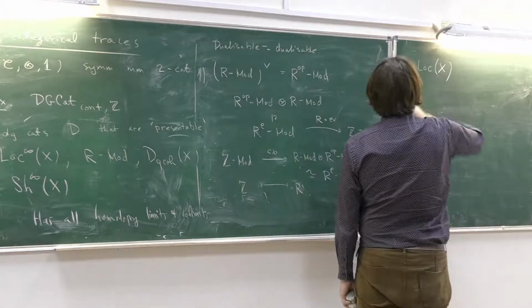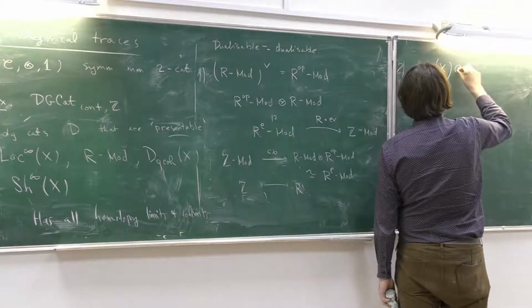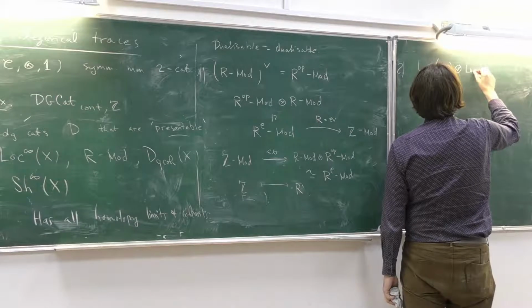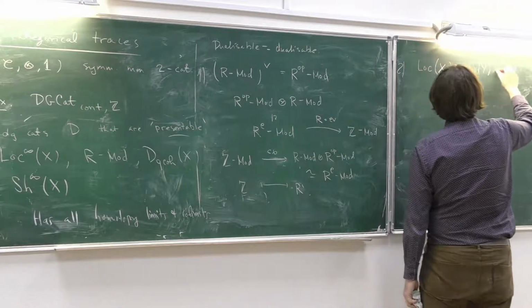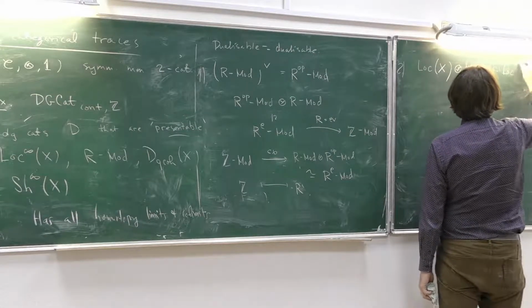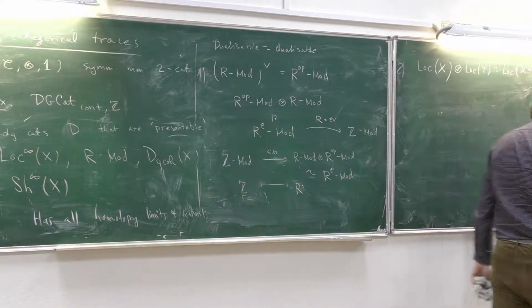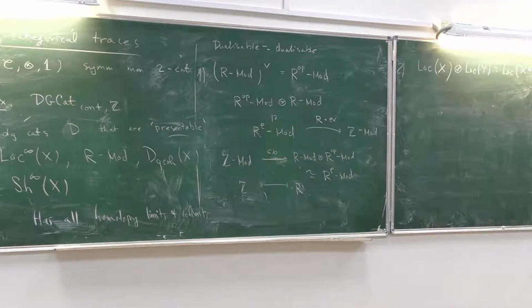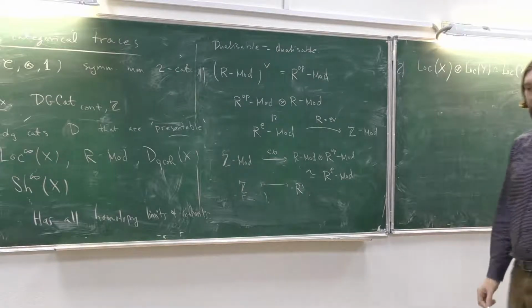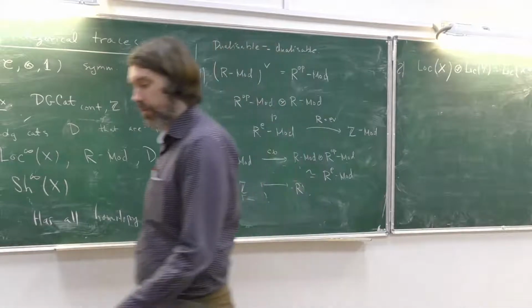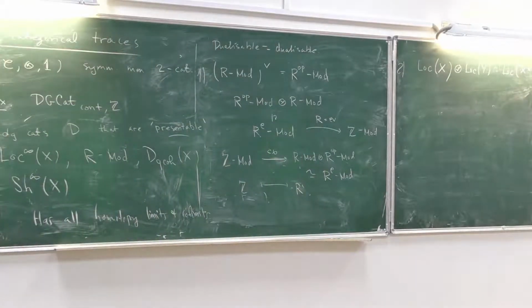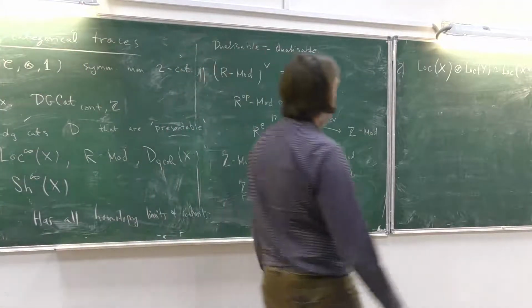Example two, well, another nice feature of this tensor product is that it behaves well with respect to the product of spaces.